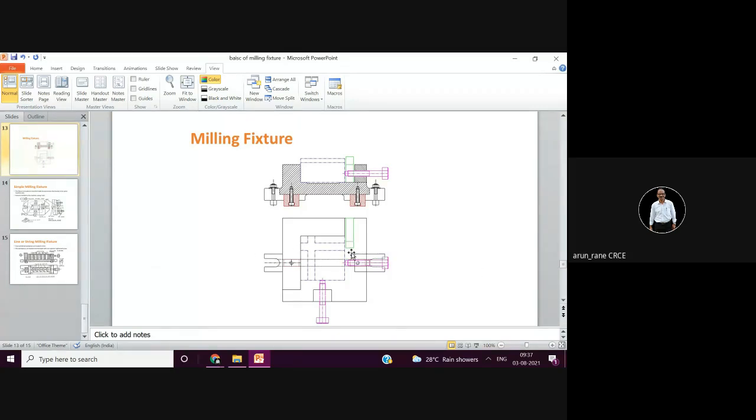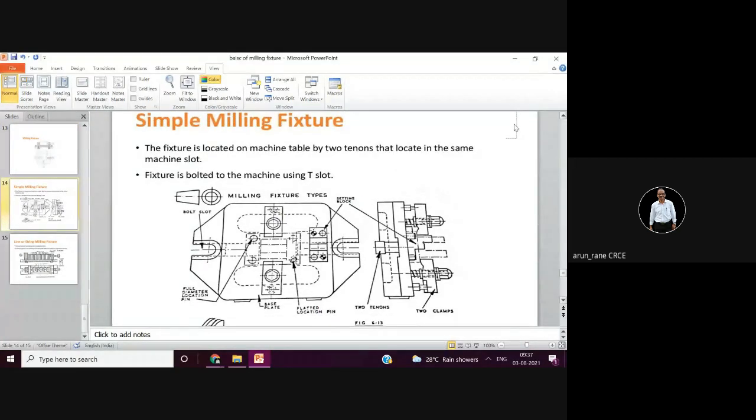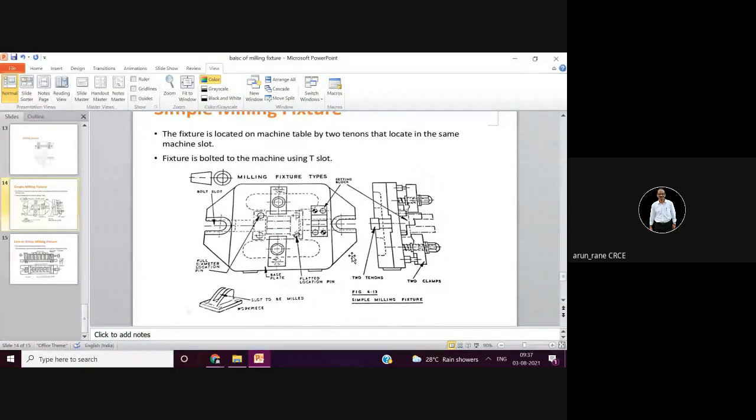Then suppose there are, say, 5,000 pieces, and all 5,000 pieces you have milled, then you have to rotate the fixture and do the milling of this slot. So these are the slots of the milling fixture.